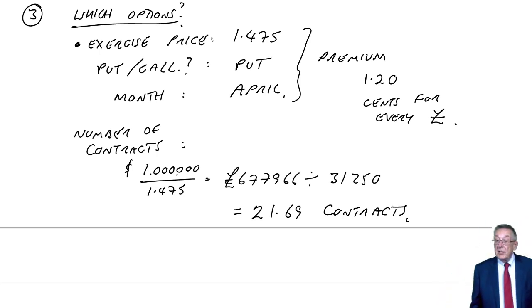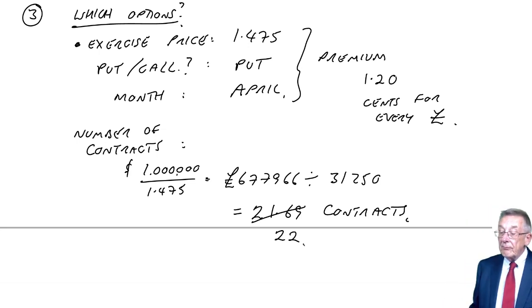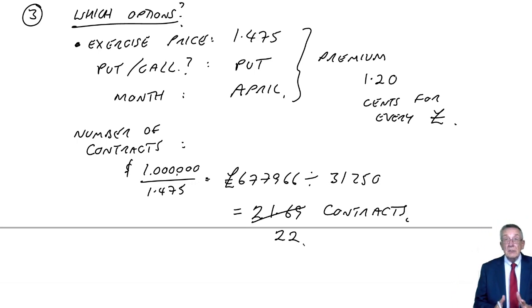But just as with futures, and I've already said it anyway, it's got to be in whole numbers of contracts, so round it to the nearest contract. And so we'll go for 22 contracts. Of course, it will mean we've not got the option on precisely the amount we want because of the fixed size contracts.